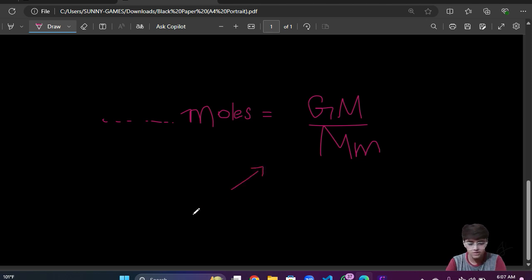Now let me tell you, it will be number of moles equals given volume upon a constant volume, or you can say the molar volume at STP.